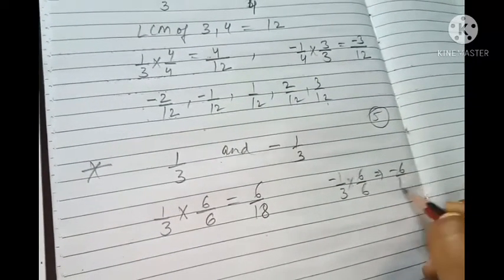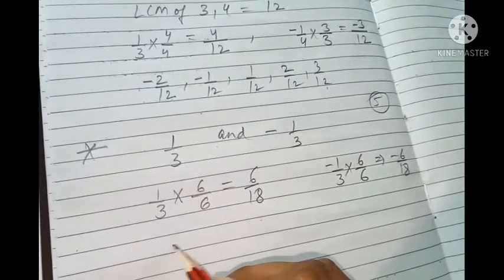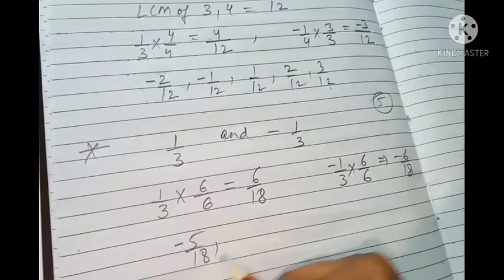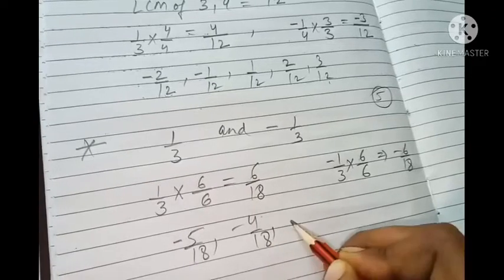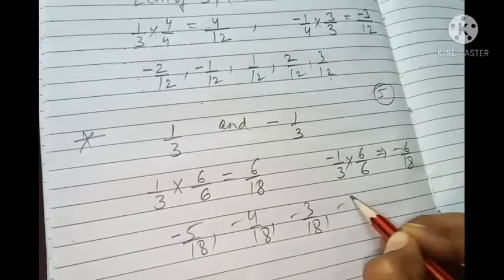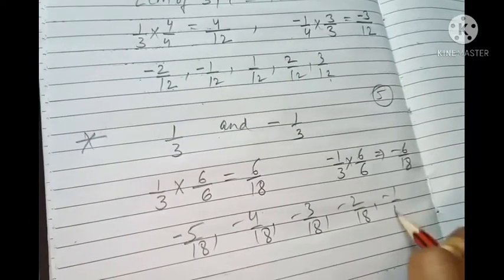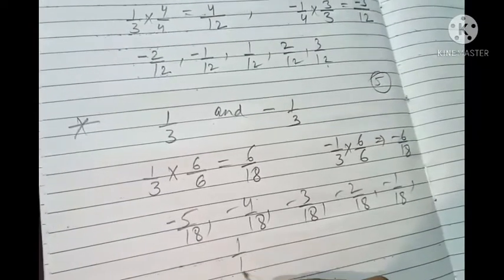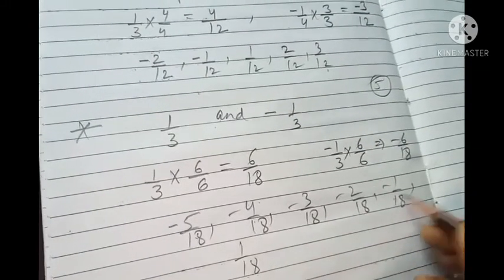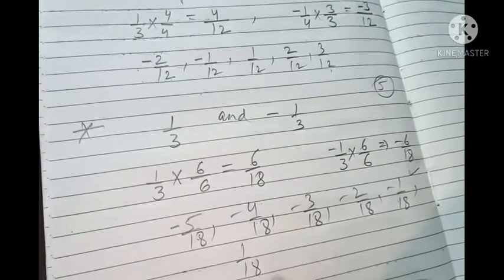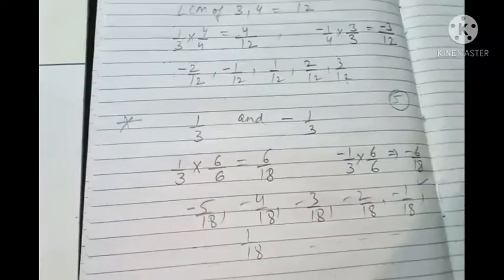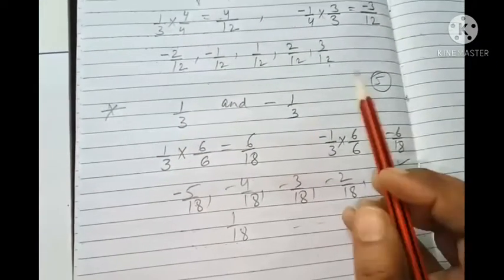Minus 6 by 18. So yes, you will get n number of terms. Minus 5 by 18, minus 4 by 18, minus 3 by 18, minus 2 by 18, minus 1 by 18, or 1 by 18. 1, 2, 3, 4, 5. 5 terms we get, and you have n number of terms. You can have any numbers which are needed.